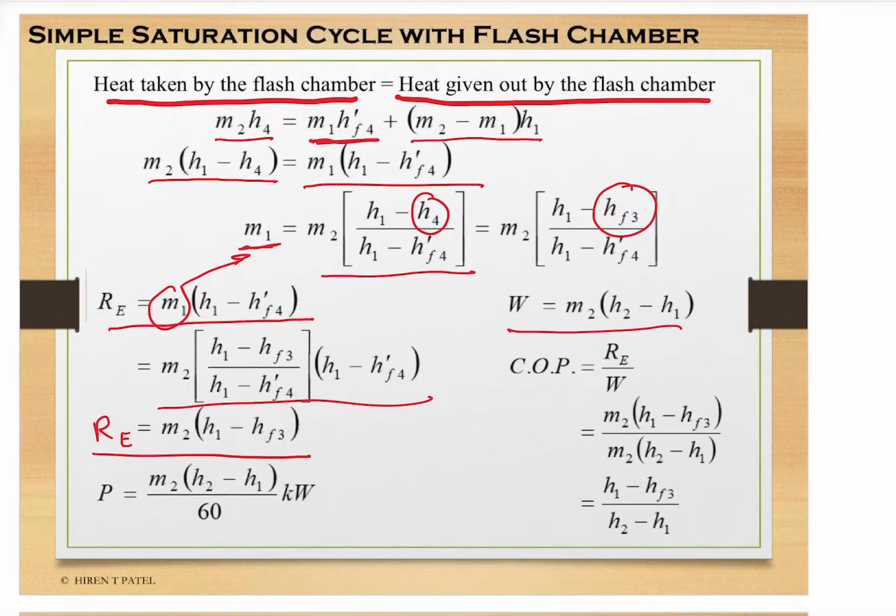The work done by the compressor is M2 (H2 minus H1). Remember, in work done we have to take M2, because the compressor has to work with the whole amount of refrigerant, while inside the evaporator only M1 mass is transferred. So in the refrigerating effect only M1 is there, and for work done M2 is there.